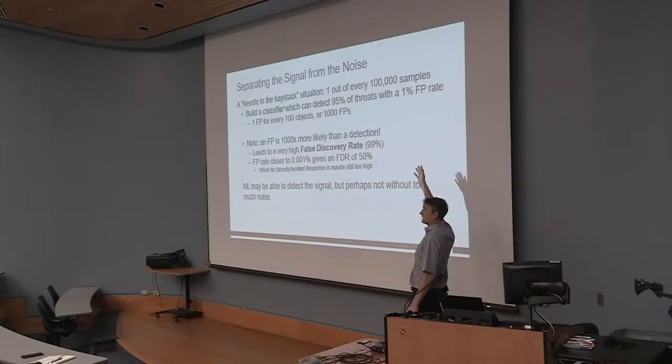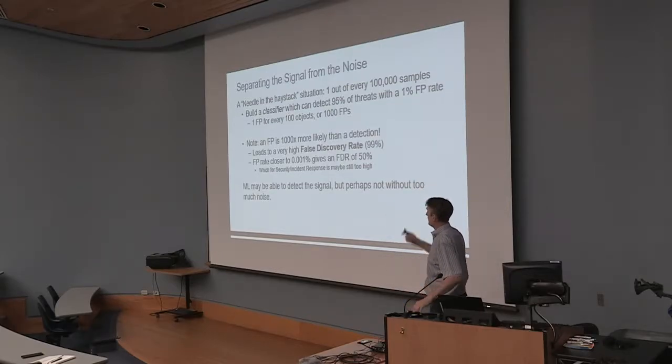So if you've seen 100,000 samples, you're going to have 100 false positives, 1,000 false positives. And how many detections will you have? 1. So is a security operations center analyst going to pay attention to your solution? No. They're not going to pay attention to your solution.